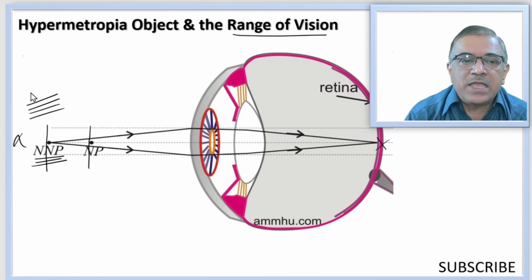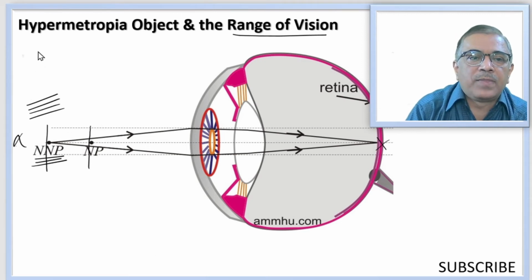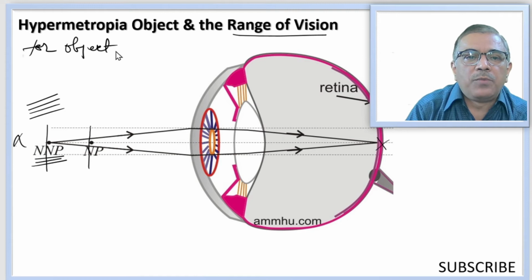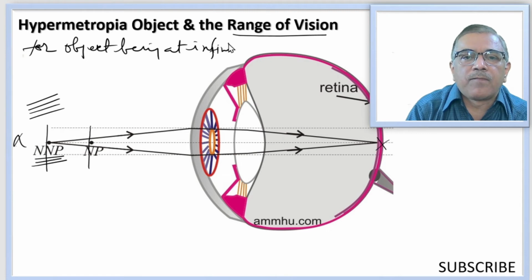See, the person is able to see the objects that lie at infinity. It means that for the object being at infinity, u is equal to minus infinity, v is equal to plus 2.5 centimeter.